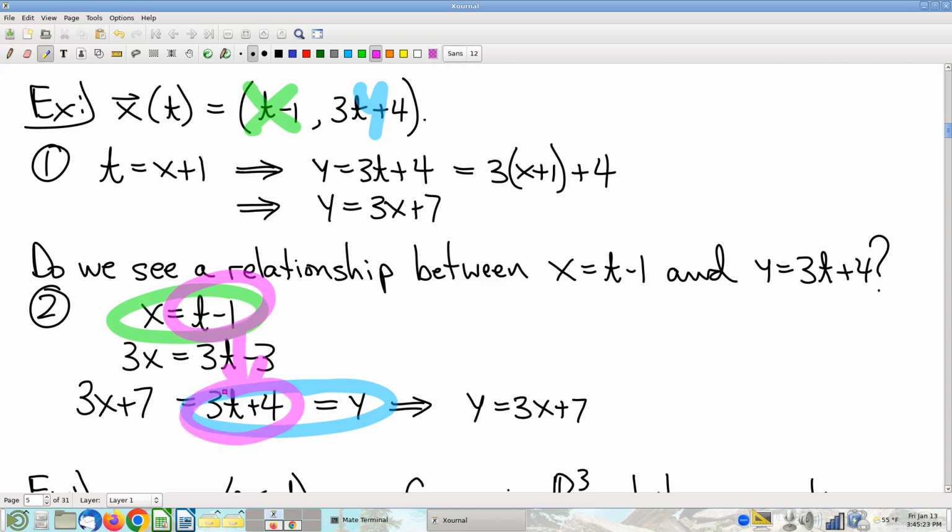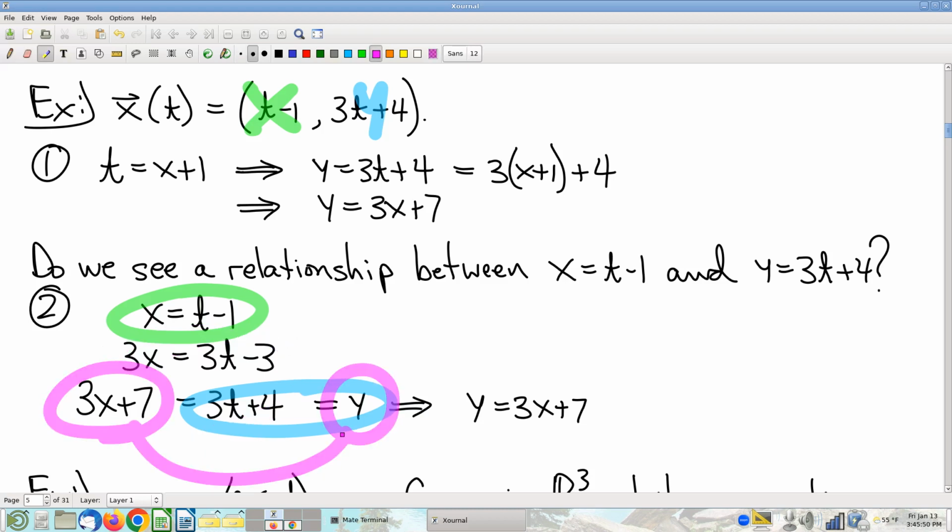What sequence of operations can you apply that will turn the green expression of t into the blue expression of t? And this is not hard in this case. Notice in this first step, all I did is multiply both sides by 3. And then in the second step, all I did was add 7 to both sides of the equation. And the result is that some function of x is then equal to y.